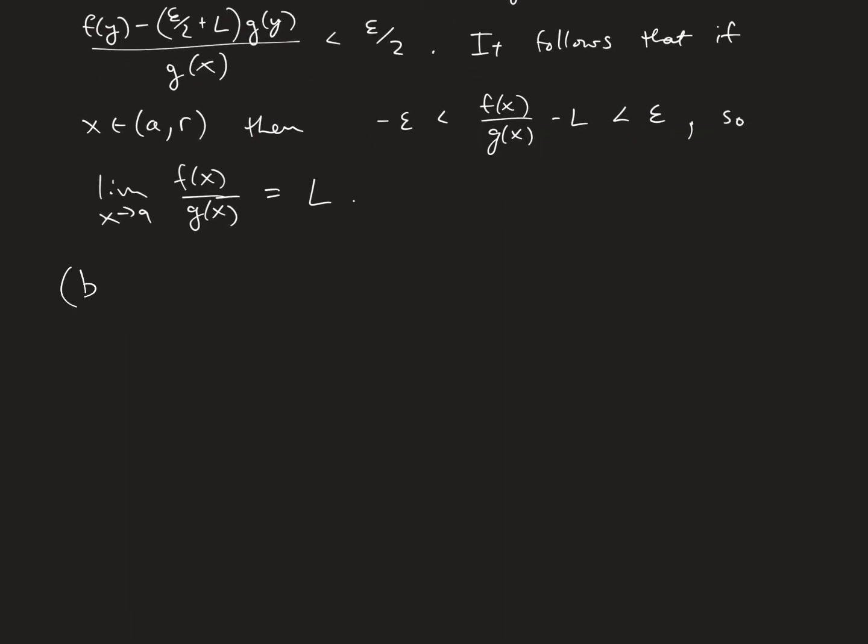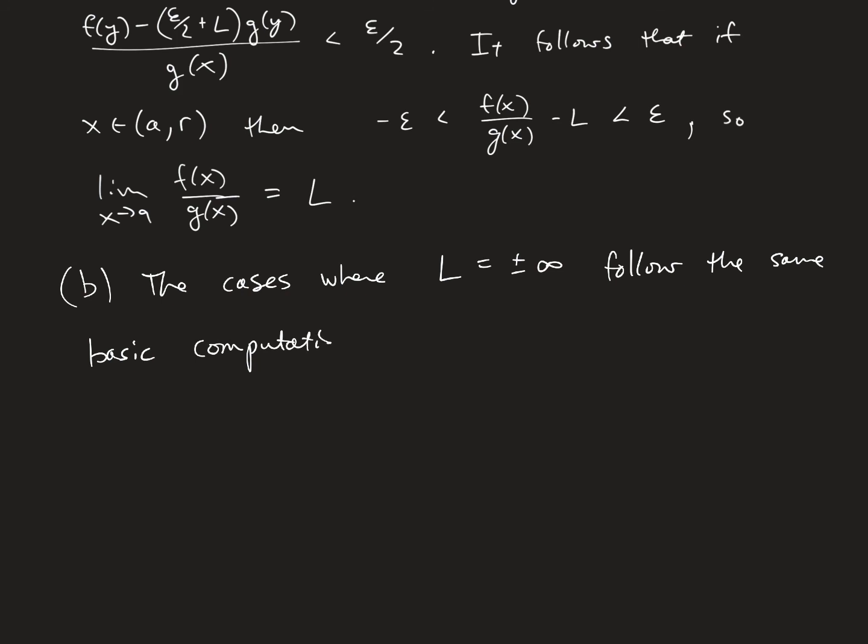So the cases where L equals plus or minus infinity follow the same basic computations, with the necessary changes being made. All right, and that's going to conclude the proof.